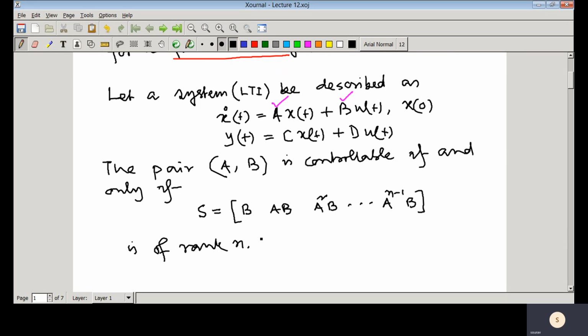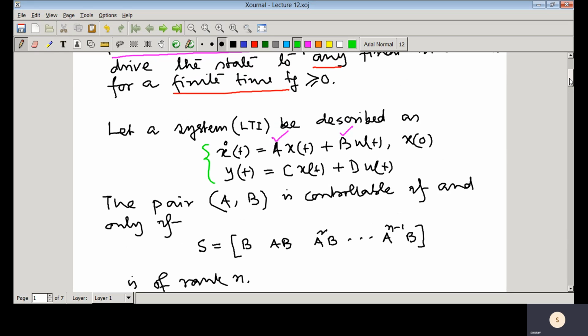Whenever a system description is given in state space, that means x dot equal to Ax plus Bu, y equal to Cx plus Du, and we are interested in seeing whether the system is controllable or not, we have seen what is the definition of controllability.